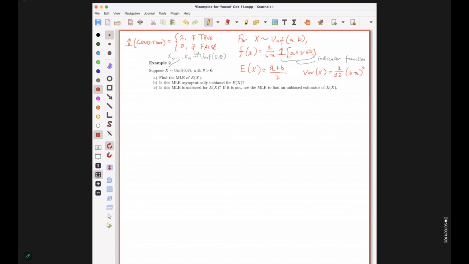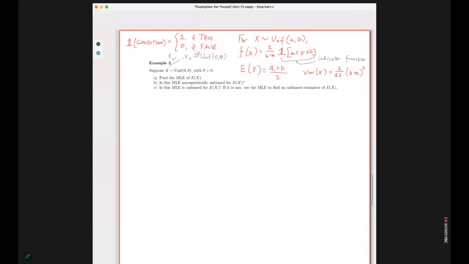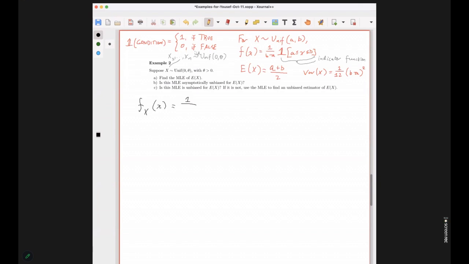So we're looking here for the maximum likelihood estimator of the expectation of x. So for this particular distribution here, my density function is equal to 1 over b minus a, which is theta minus 0. So it's just 1 over theta times the indicator for x being between 0 and theta.